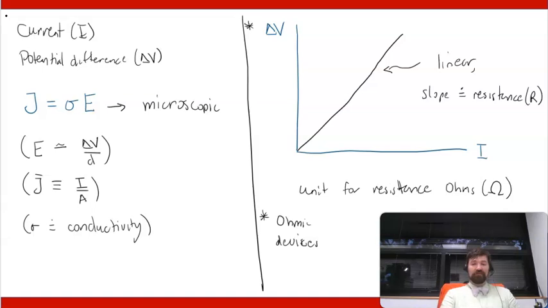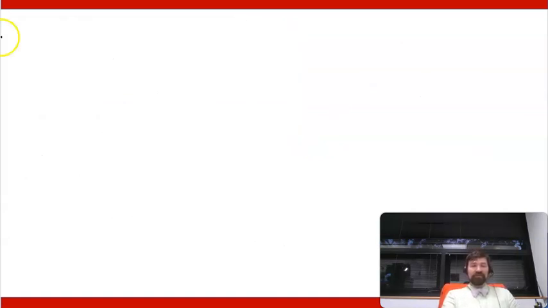But for ohmic materials, this is linear, and so the material obeys what's called Ohm's law. And so Ohm's law says that delta V across your device is the current passing through the device times the resistance of the device.